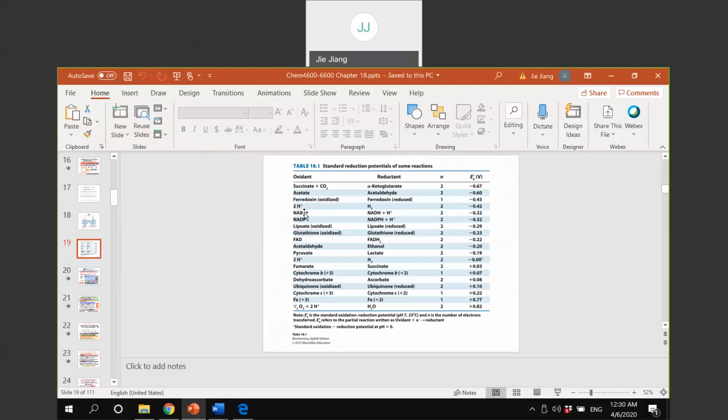Or we say when NAD plus reacts with hydrogen, the NAD plus should donate electrons, because hydrogen should have a higher affinity for electrons. So NAD plus will donate electrons to hydrogen.